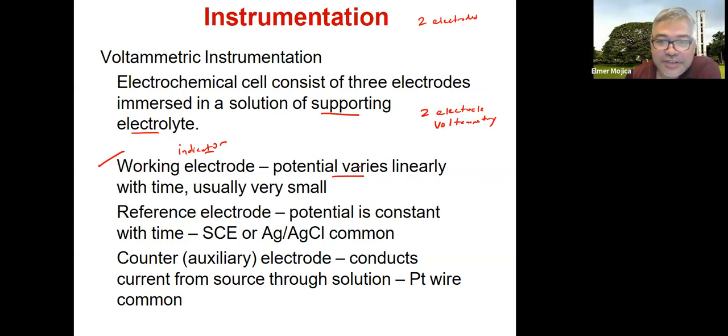Okay? So if this is a 2 electrode system, the 2 electrodes are what we call a working electrode and a reference electrode. But there's a big but. Kasi yung 2 electrode system na yon, yan din yung potentiometric. So ano yung difference ng potentiometric sa voltammetric? The presence of what? Anyone?